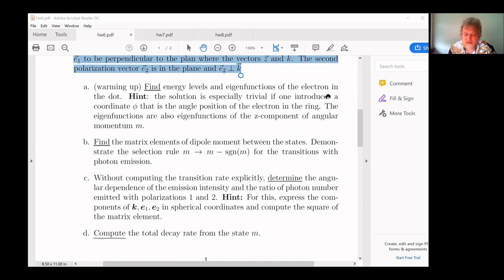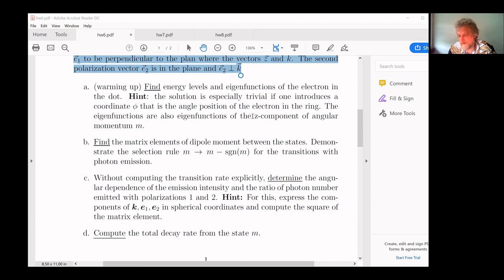What are the tasks? To remind, each task is 5 score points. The last task is a bonus question. And to warm up, we find energy levels and eigenfunctions of the electron in the dot.